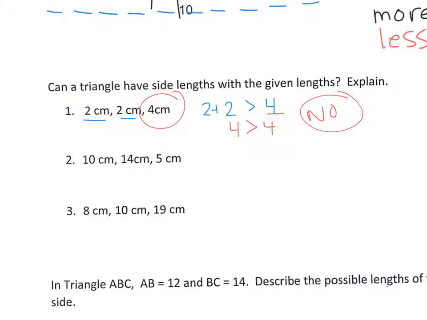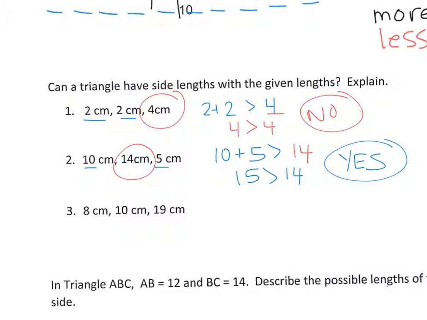Next, you find the two shortest sides. 10 plus 5. Is 15 greater than 14? Yes, so you can have it. Then 8 plus 10. Is 18 greater than 19? No, so it can't make a triangle.